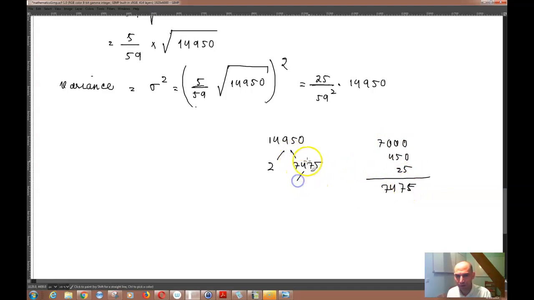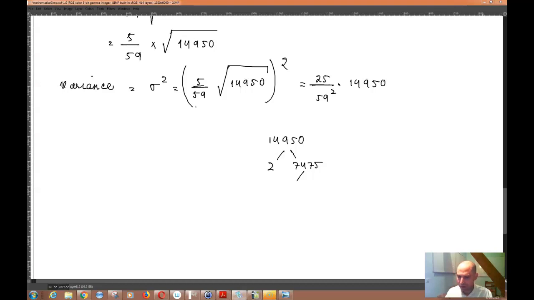Now you can check if this number is divisible by 3, for example: you can add all of the digits together. 7 plus 4 is 11, 11 plus 7 is 18, 18 plus 5 is 23, I suppose.